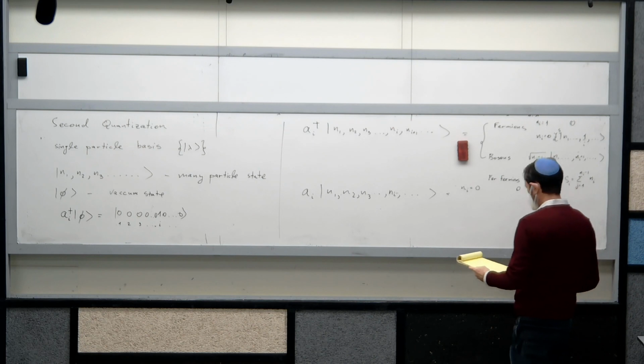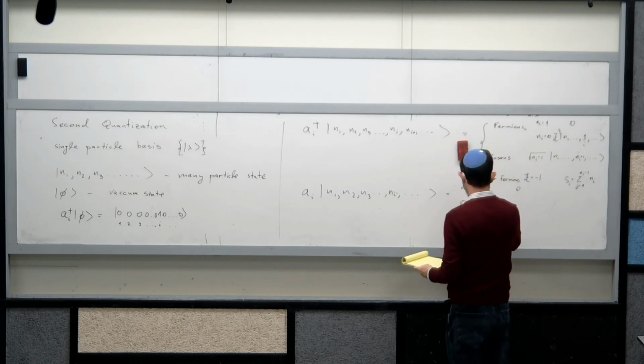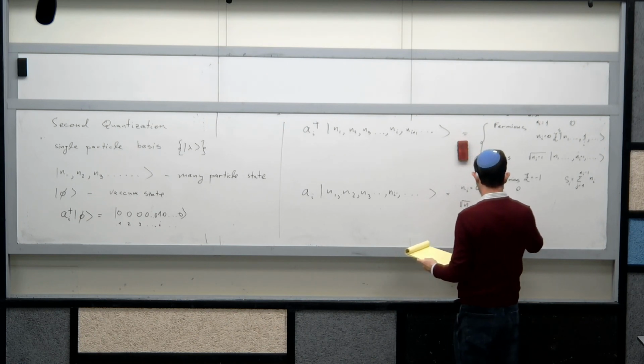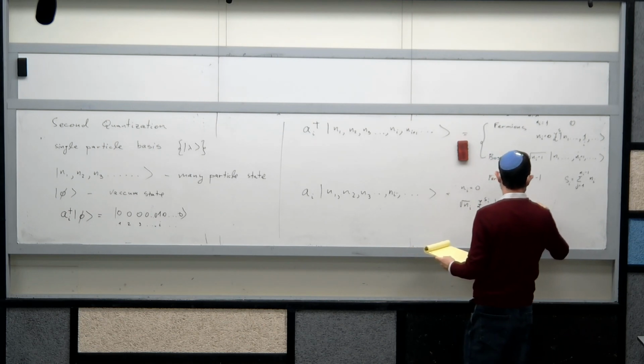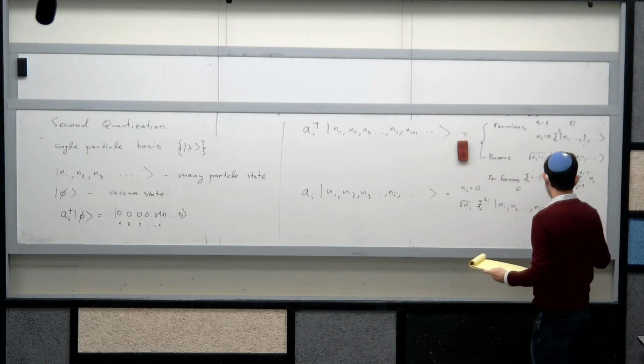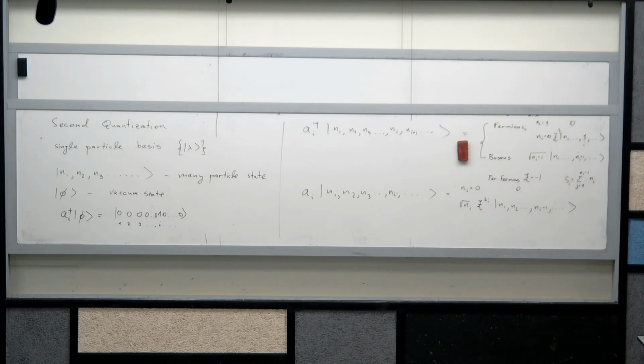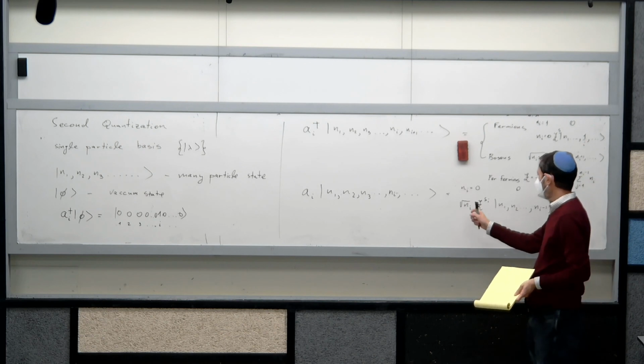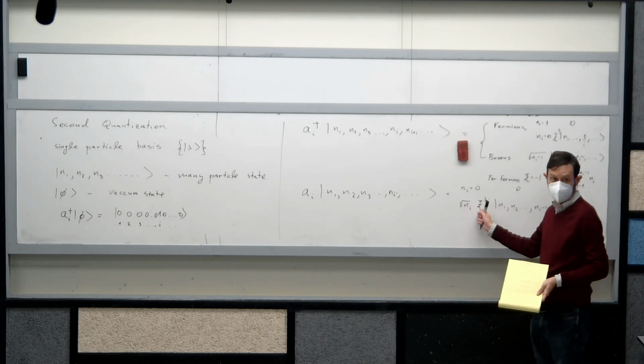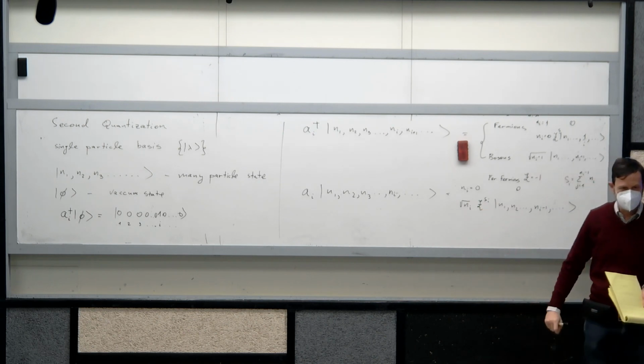In all other cases, for bosons, zeta is +1, so this is not interesting. 1 to whatever power is still 1.